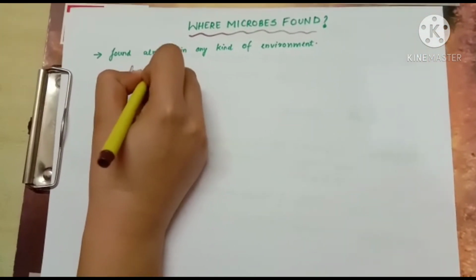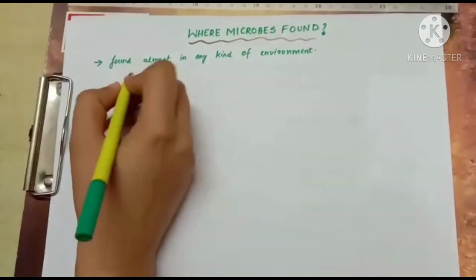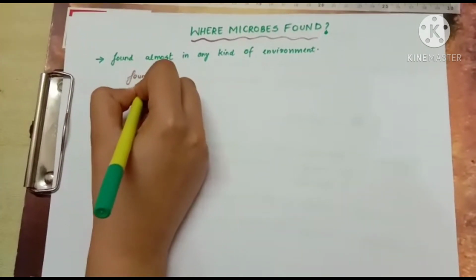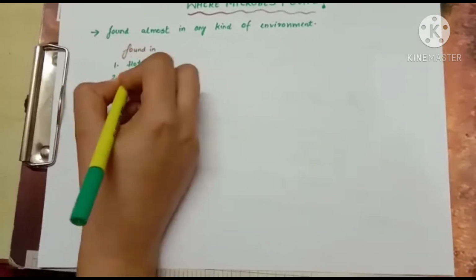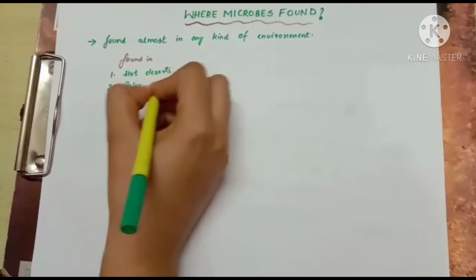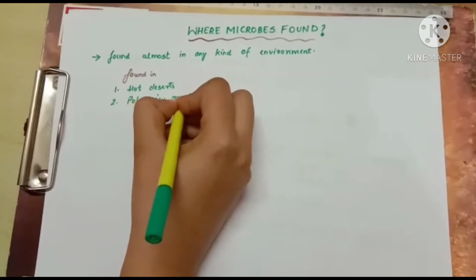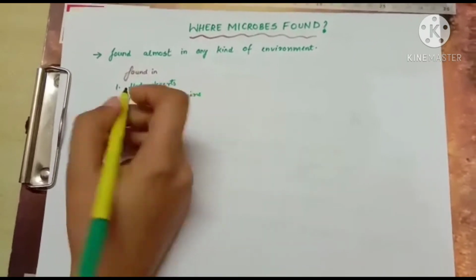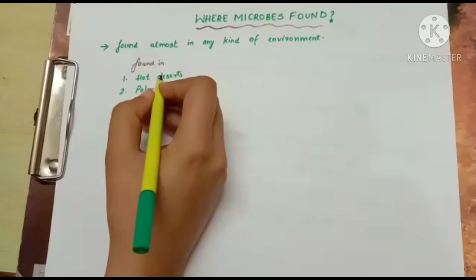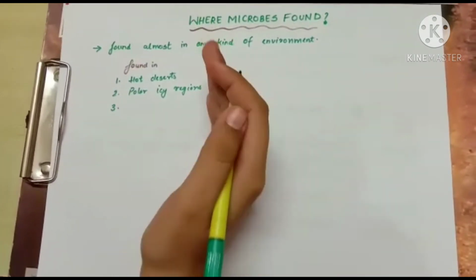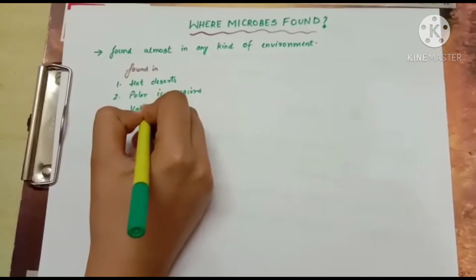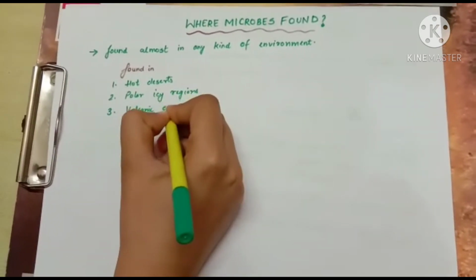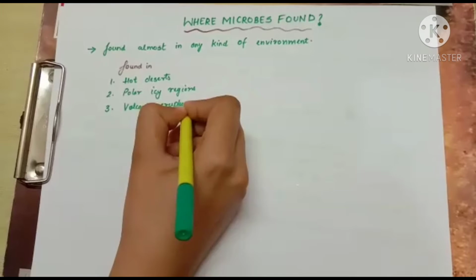Found in hot deserts, and they are found even in the polar icy regions. They can even live through a volcanic eruption, that is volcanic eruption.